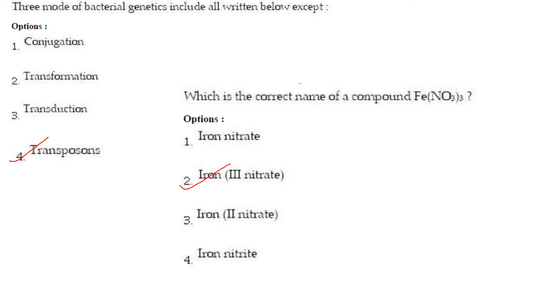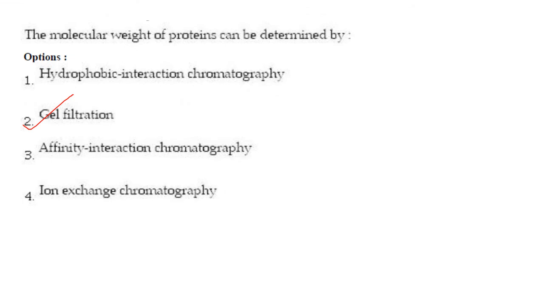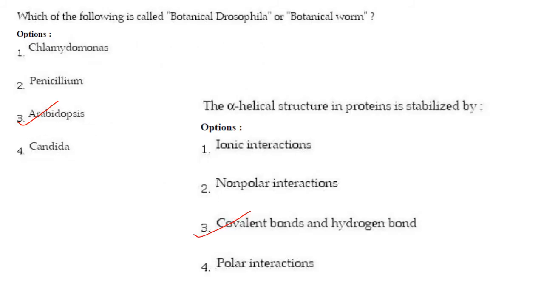Answer is option 2 iron 3 nitrate. Next one. The molecular weight of protein can be determined by option 1 hydrophobic interaction chromatography, 2 gel filtration, 3 affinity interaction chromatography, 4 ion exchange chromatography. Answer is option 2 gel filtration.